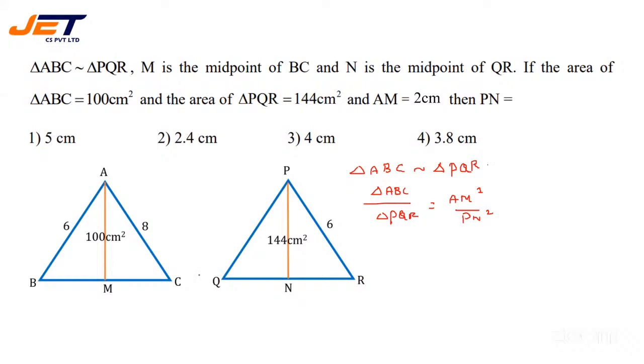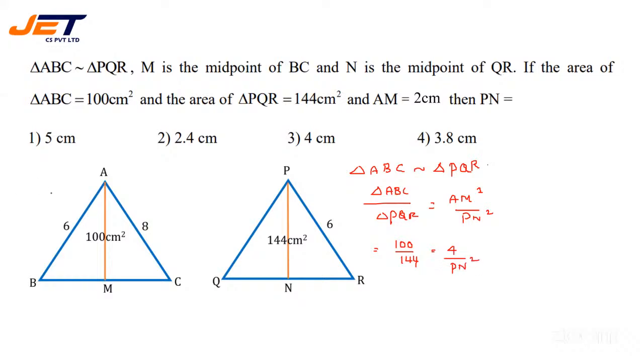So now, what is triangle ABC? Triangle ABC is equal to AM square, that is 100, by what is PN? It is 144, which is equal to 4, that is 2 square, AM square, by PN square.